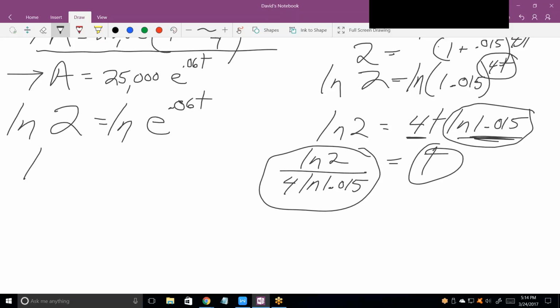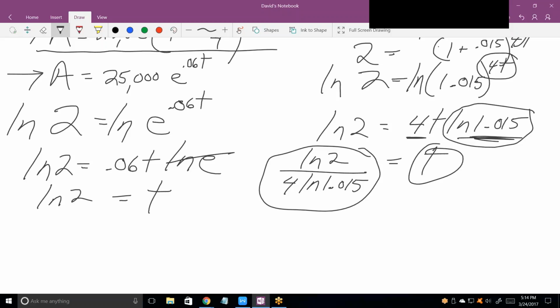And in this case, natural log actually is quite helpful because the natural log of e is 1. So now, since that's 1, t is going to be natural log of 2 divided by 0.06. So there's the amount of time it would take to double the money under continuous compounding.